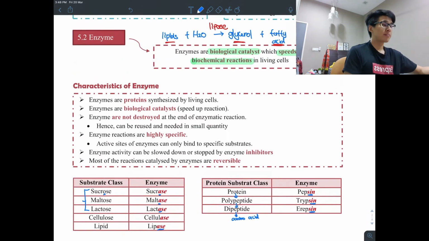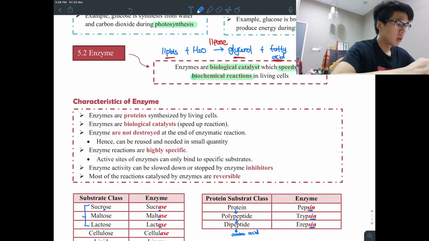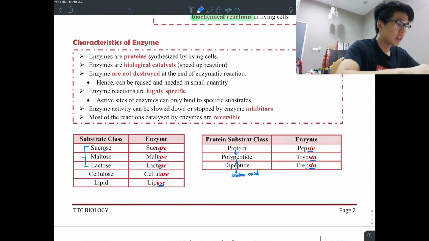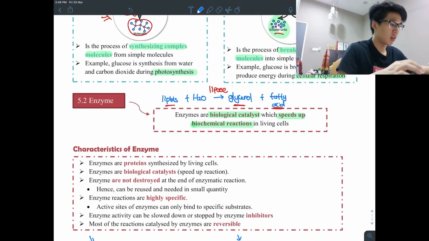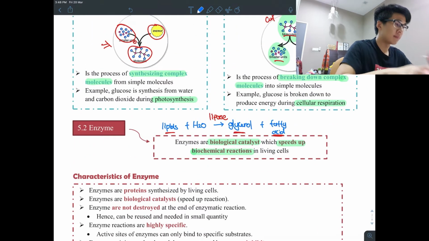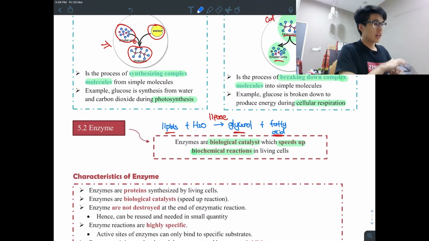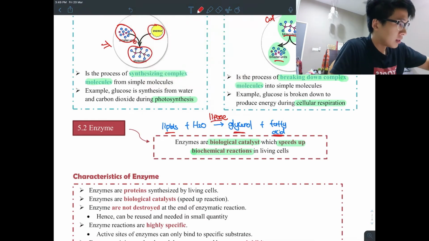Now, here this is the substrate. So what is a substrate? I forgot to mention, lipase is your enzyme.